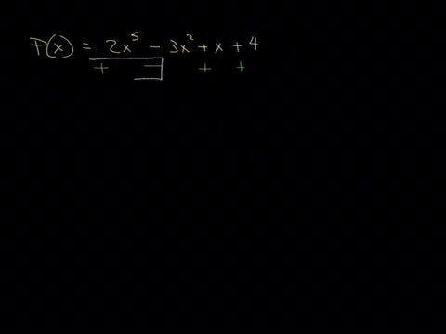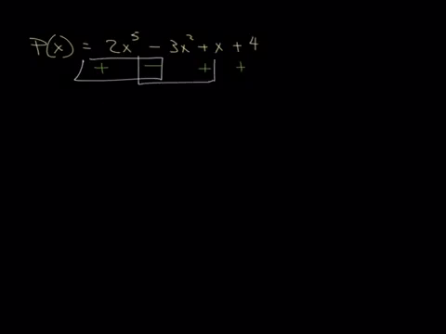So we go from positive to negative, negative to positive, and then we have positive to positive. Whenever we have a positive to positive, there's no variation, and we ignore that. So all that we're concerned with is when the signs change here and here. So they change twice. So what does that mean? That means the variation of sign is 2.